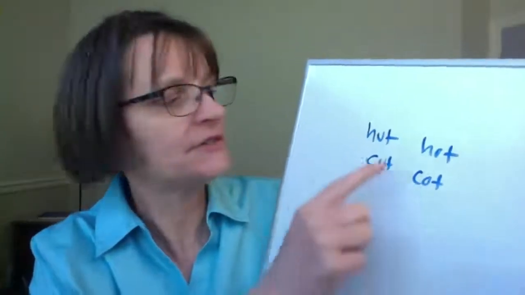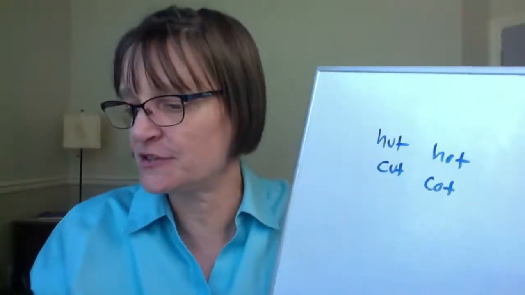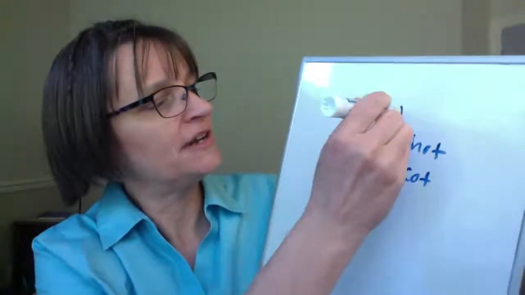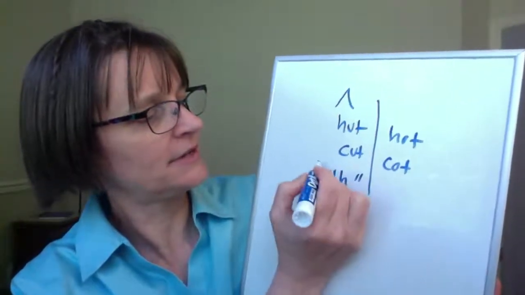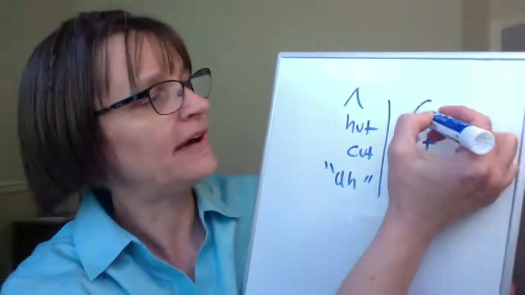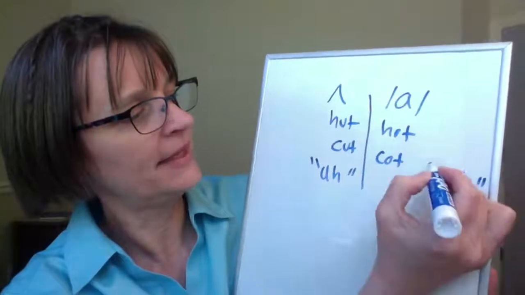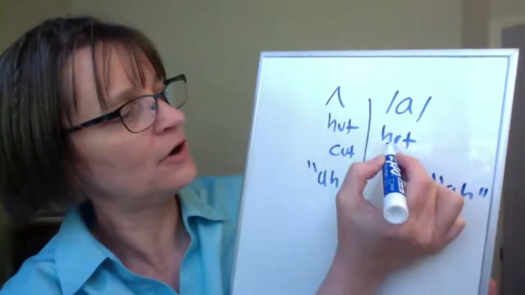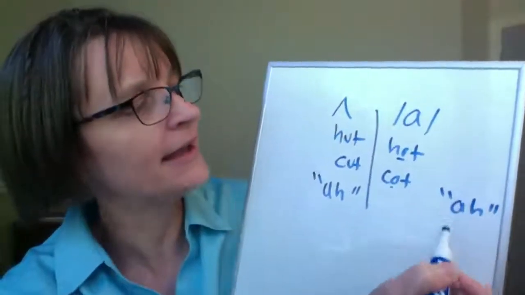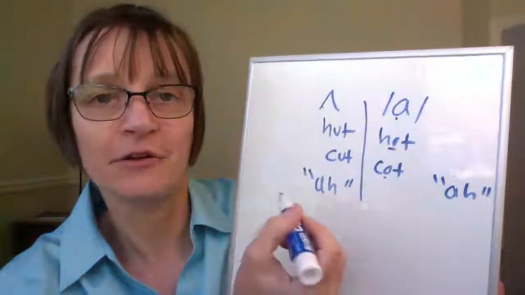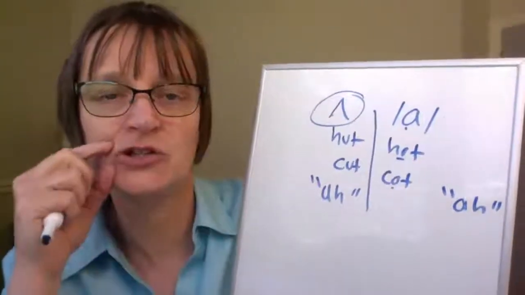So the question was between hut and hot and cut and caught. And yes, there is a difference here. The first words that you identified have my vowel schwa. So they have that sound. And these words have the vowel ah, which sounds like ah. And so even though they're spelled with letter O, they have an ah sound, which I tend to associate with the letter A. This is one of the most common errors for people on Vowel Schwa, is that they will tend to say it too open and tense.